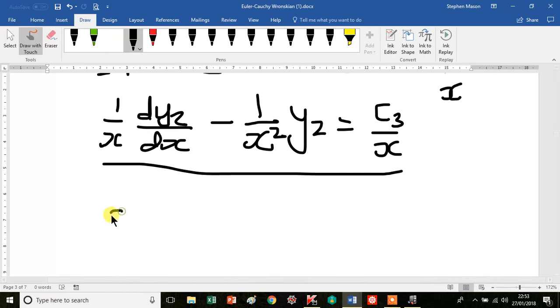So what we have here is actually the derivative of a product.